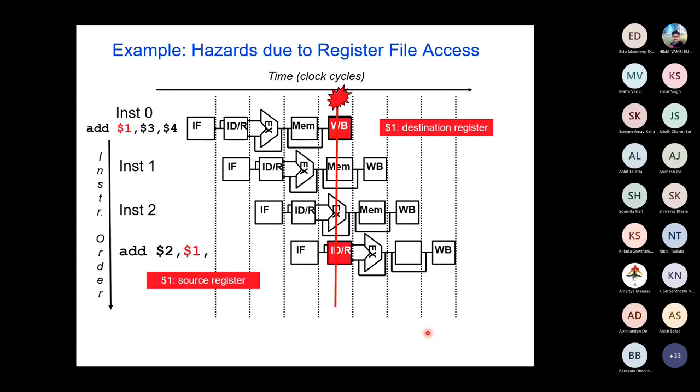There is a very simple solution for resolving it. One is to push this pipeline one clock cycle towards the right. But even without doing that, we can do one thing. Where do I write? I write to a register file. Similarly, where do I read from? There are register files, right? So both are CPU components. Now, register access is quite fast compared to memory.